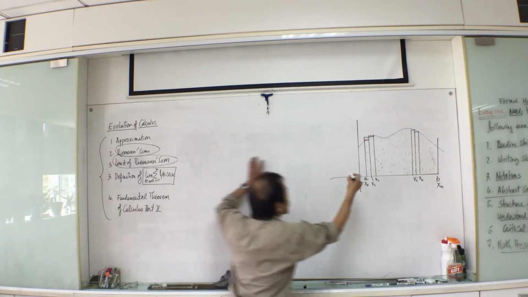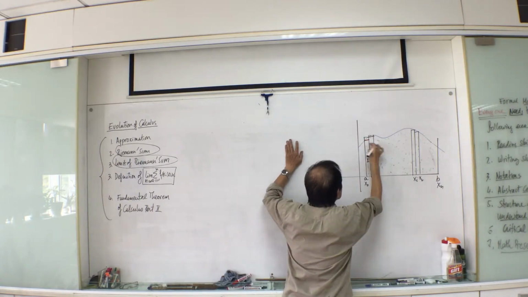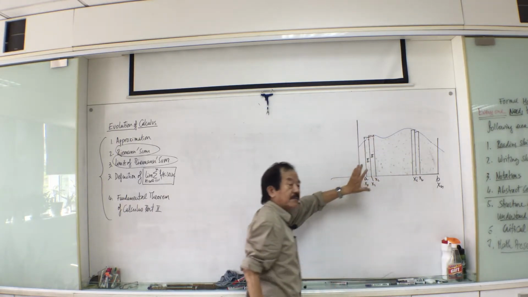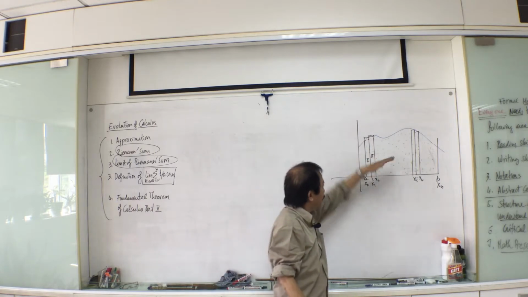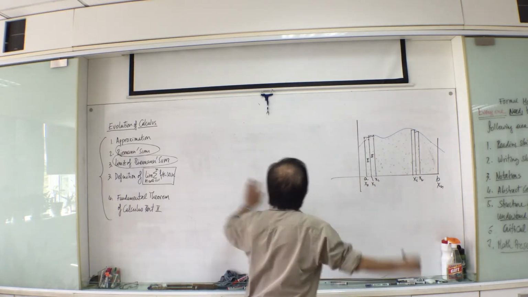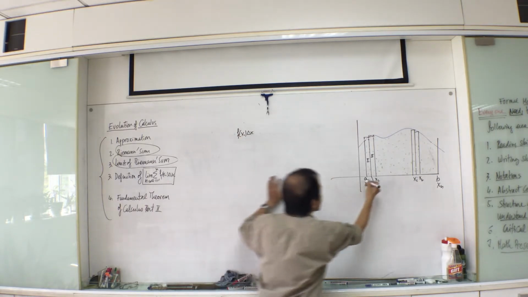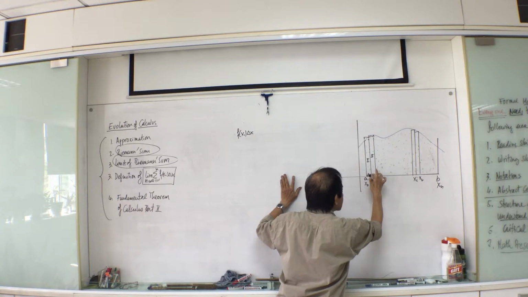So now the area number 1, add with area number 2, and you estimate the area under the curve f of x from A to B. The first one is f of h sub 1 times delta h, the length times the width; the width we call delta h.